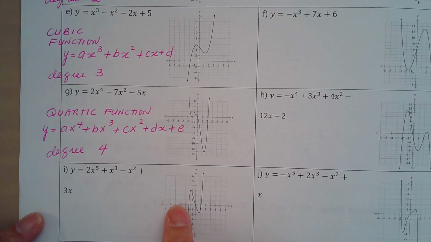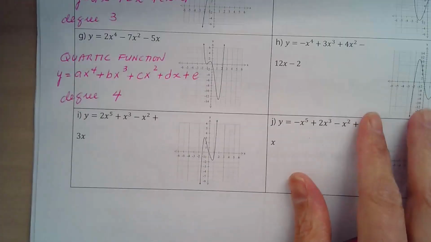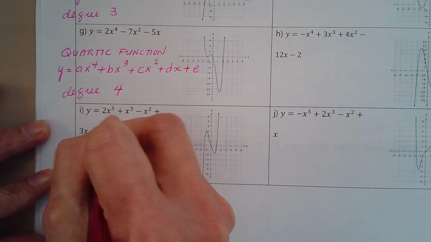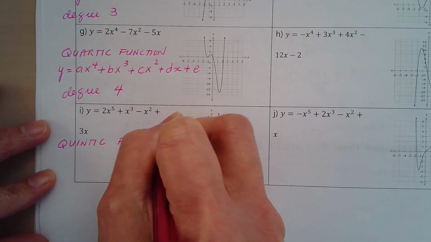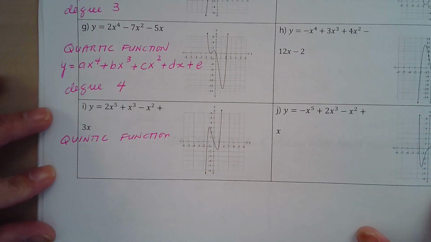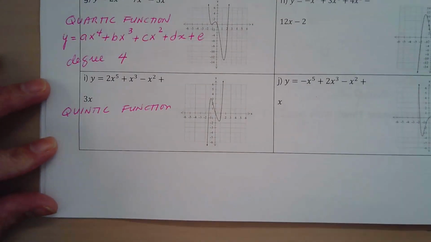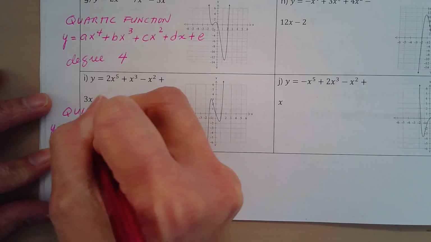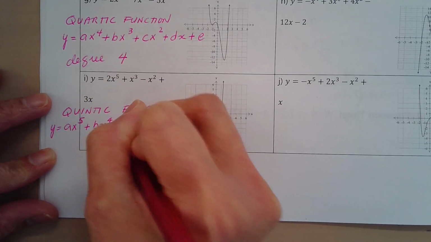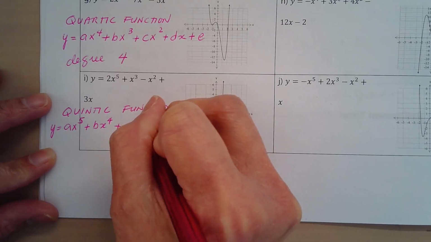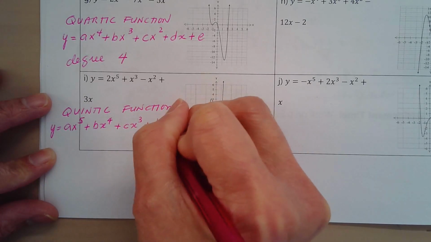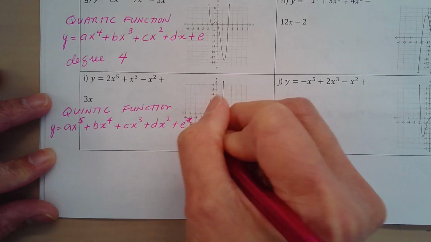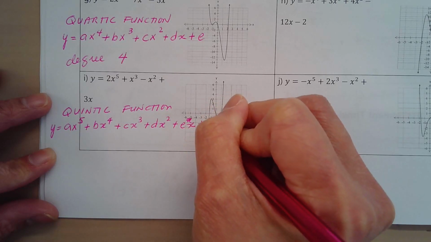And then the last one is called a quintic function. Okay, now we're gonna have fun writing it down. The general form is ax to the 5th plus bx to the 4th plus cx cubed plus dx squared plus ex plus f.